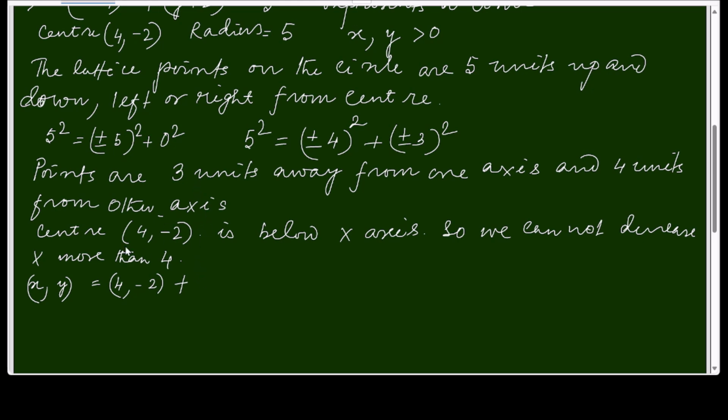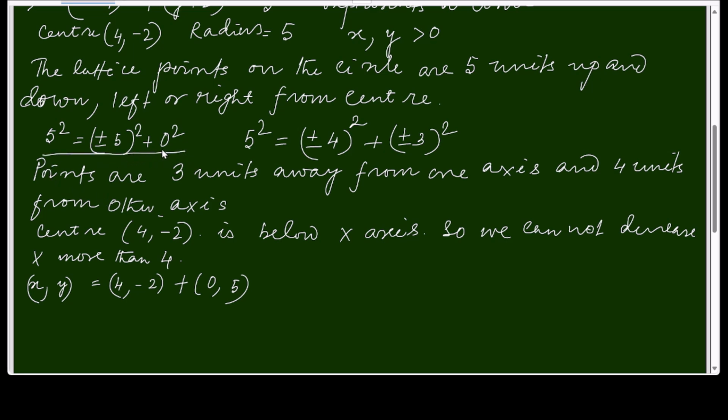It can be 5 comma 0, 0 comma 5, minus 5 comma 0, 0 comma minus 5. So I cannot take minus 5 comma 0, it will be negative. So it will be only 0 comma 5 out of these pairs.